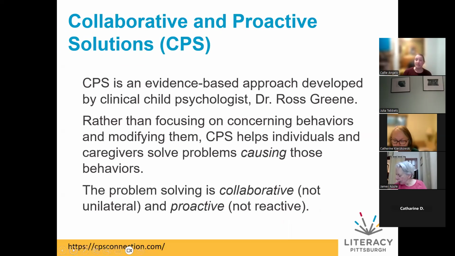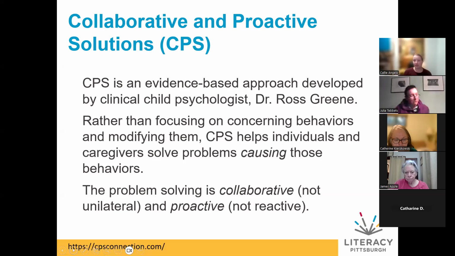Now jumping into the other theory. Collaborative and proactive solutions, or CPS, is an evidence-based approach developed by a clinical child psychologist named Dr. Ross Greene. Rather than focusing on concerning behaviors and modifying them, he theorized that we should help individuals and caregivers solve the problems causing those behaviors.